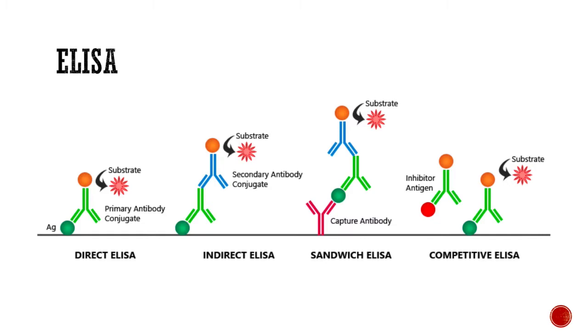In indirect ELISA we use two types of antibodies. In sandwich ELISA we use a capture antibody along with two types of antibody and the substrate. In competitive ELISA we use the inhibitor antigen also along with the antigen antibody complex.